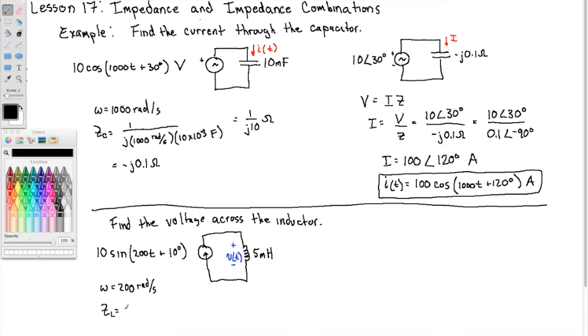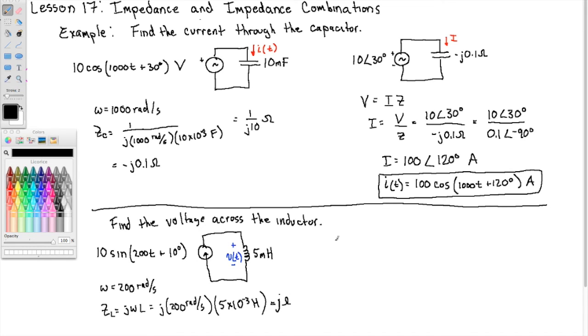ZL is J omega L. So this is J times 200 radians per second times 5 millihenry. So 5 times 200 is 1,000. 1,000 times 10 to the minus 3 is 1. So this is 1, and then we have the J. So this is J ohms.